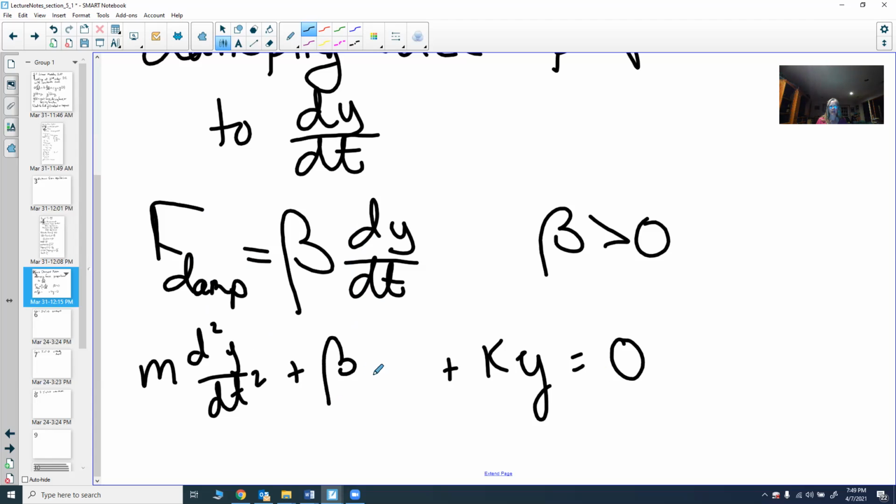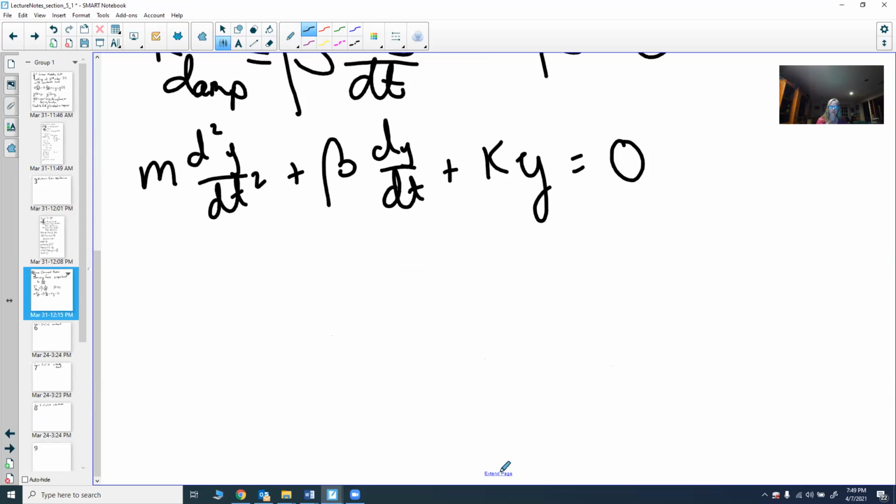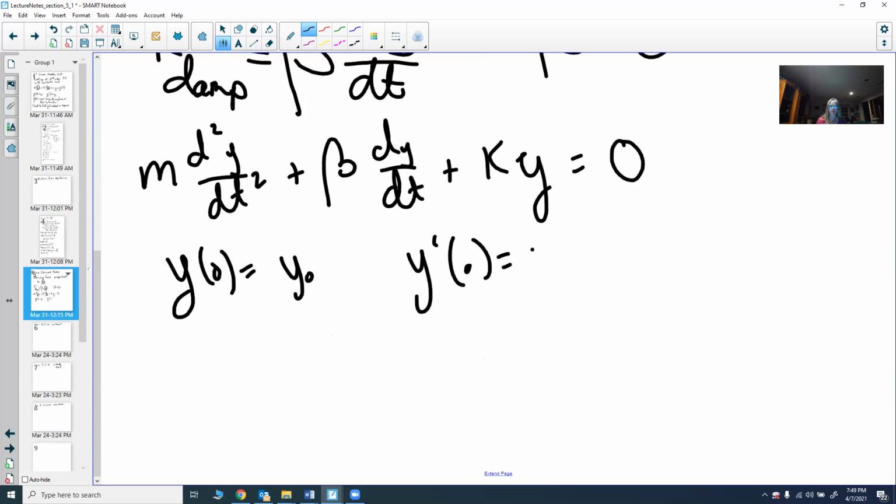So we're going to have beta times dy/dt. So now we have a new differential equation that we're working with. It's still going to have initial values, so you're still going to have y of 0 is y0, and y prime of 0 is v0, some initial velocity. So we have this information and we can look at what happens.